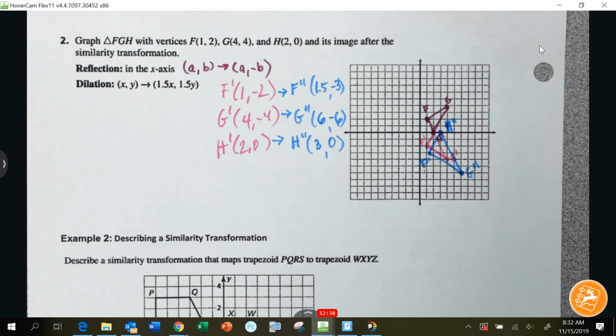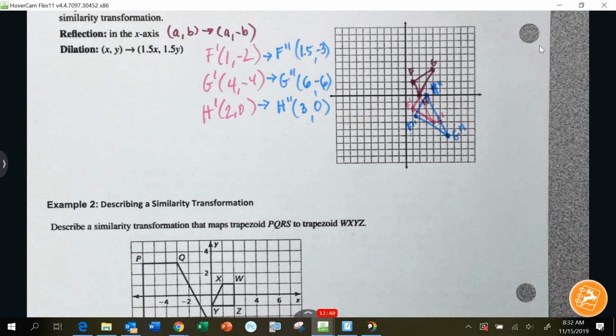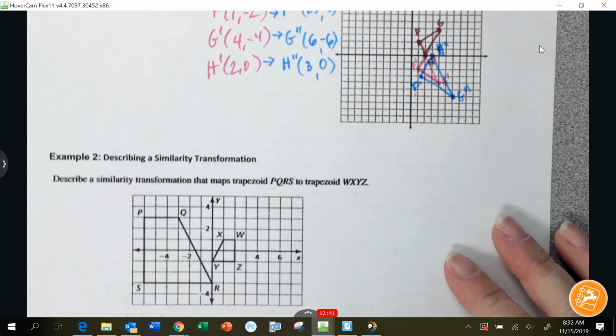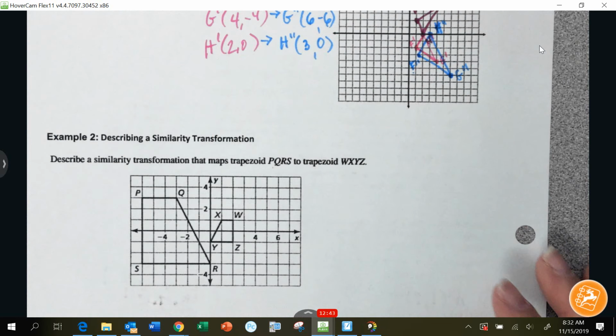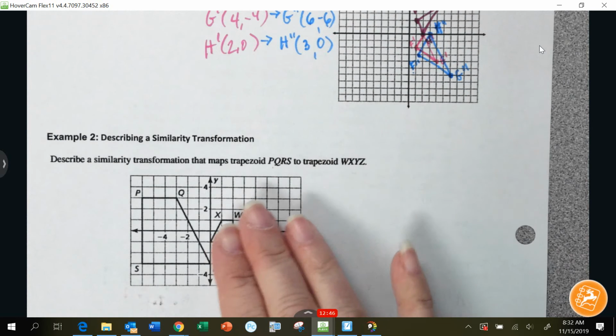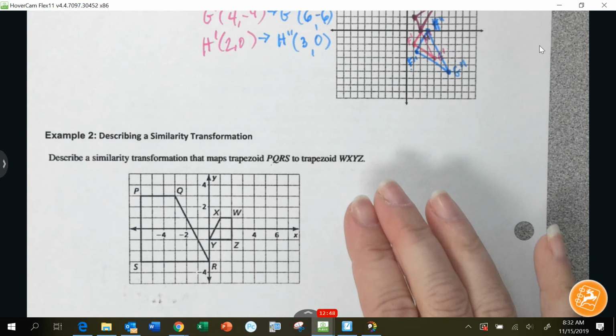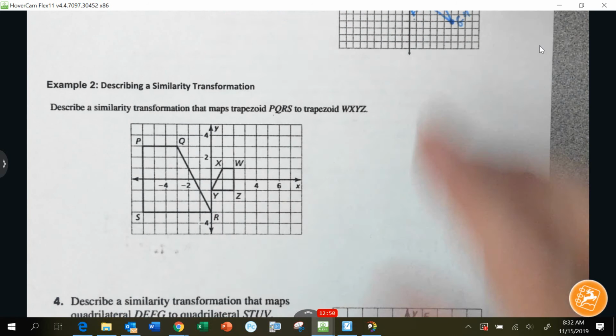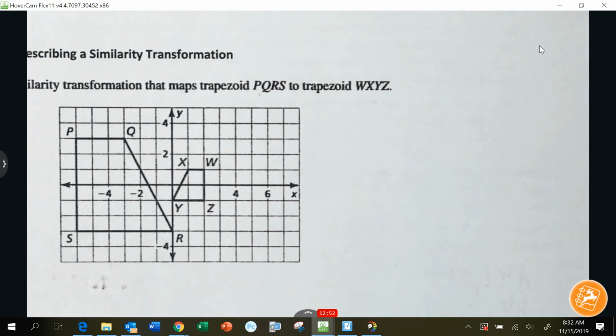Last two examples are, let's actually find the similarity transformation that takes trapezoid PQRS to trapezoid WXYZ. How do I know which one is the pre-image?